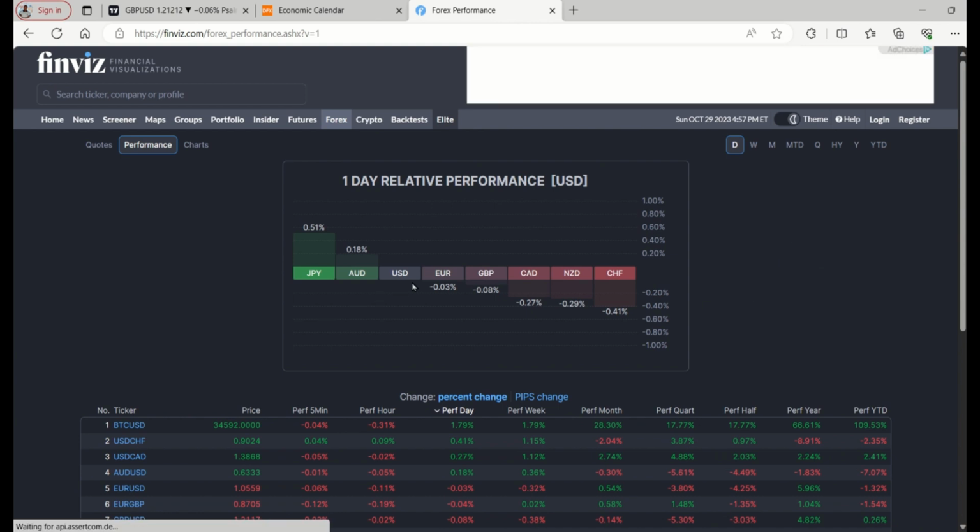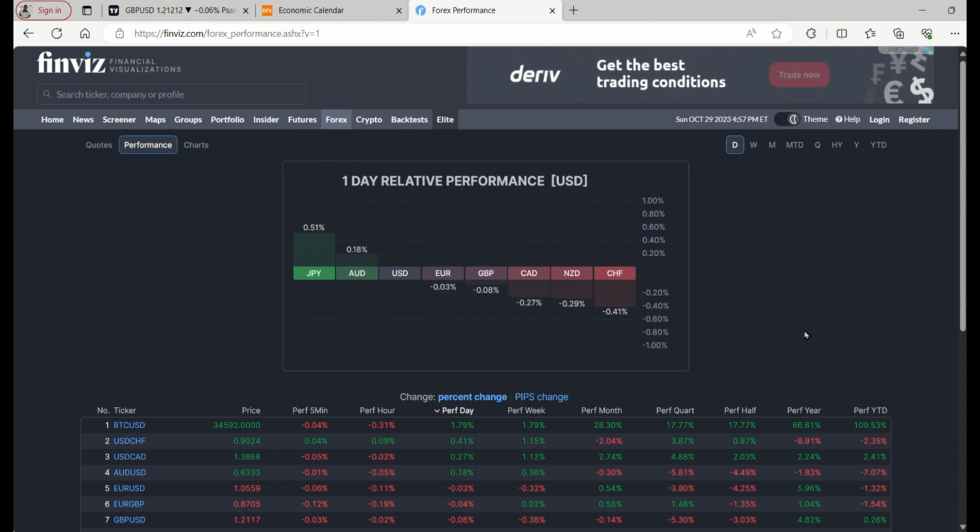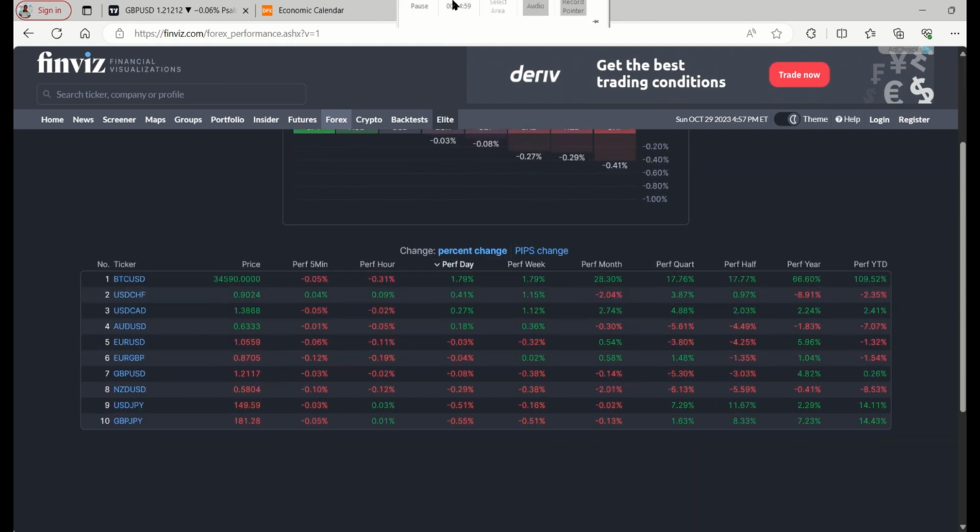So I know for sure that this pair is going to drop. It's going to drop because yen is stronger than USD. So that pair is really going to drop. That is information that you can get on this page using Finviz.